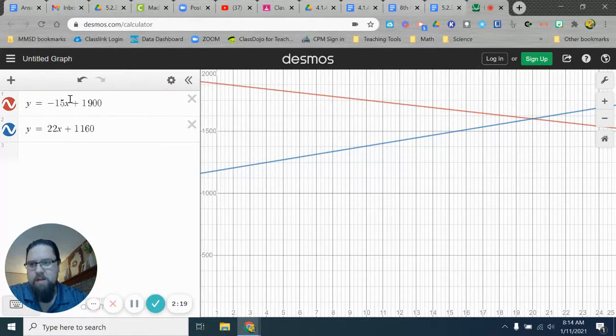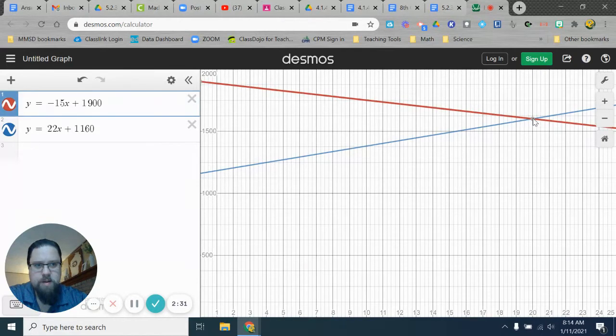And basically all I did was put in my equations from the previous page, from the worksheet that I already had. Okay. So when you put them in, you'll notice that there's a point of intersection where they equal each other. And that point is 20, 1,600. What that's telling me is that after 20 years, each school will have 1,600 students.